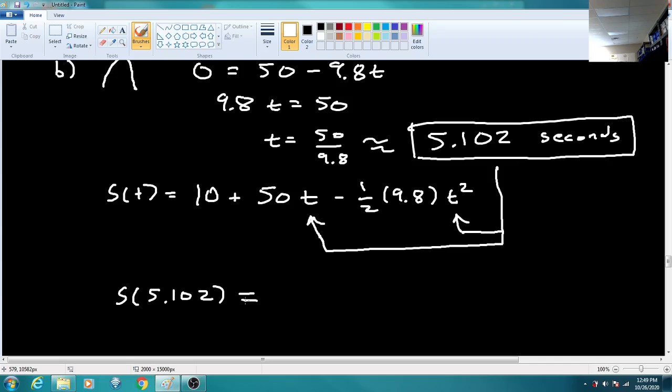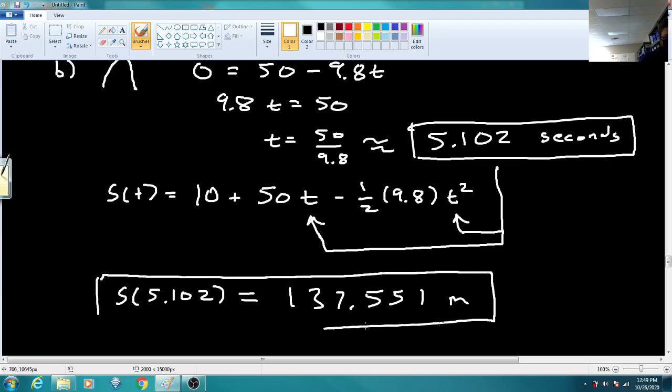I think I've got it all typed in right. So I'm getting about 137.551 meters will be the maximum height. And this is the time at the maximum height.